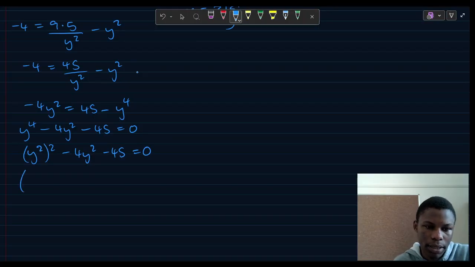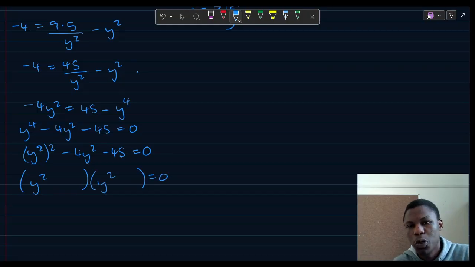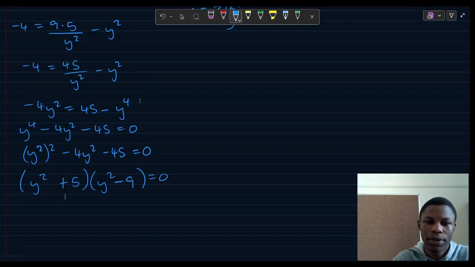Looks like we can. So if I put y squared in this bracket and y squared in the other bracket, I'm looking for factors of -45 that add up to -4. So we can do -9 plus 5, because -9 plus 5, that's -4, and -9 times 5, that's -45.